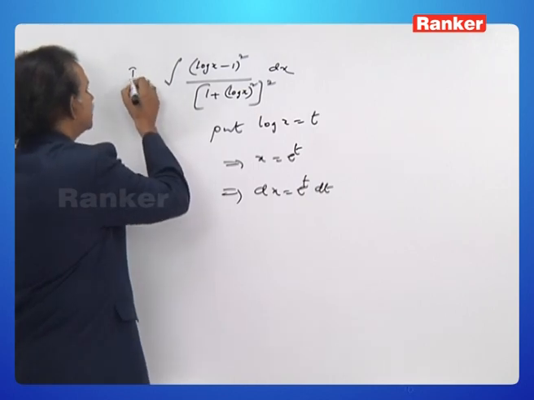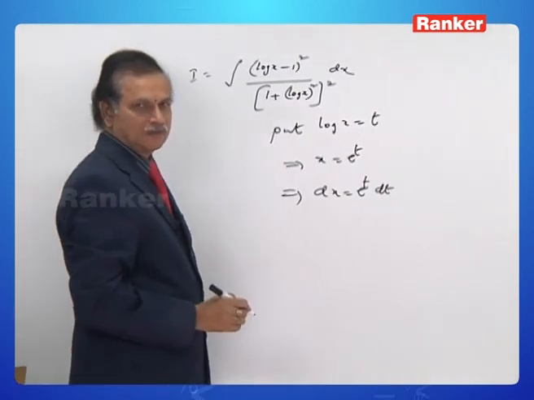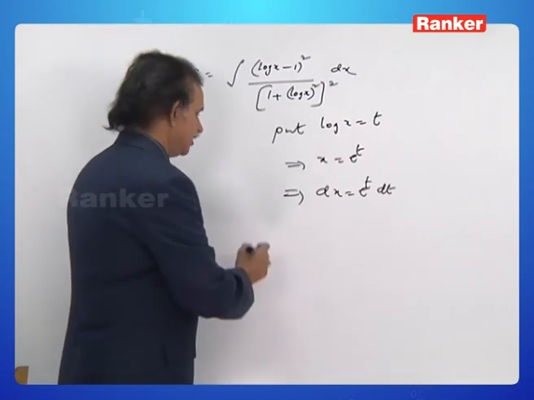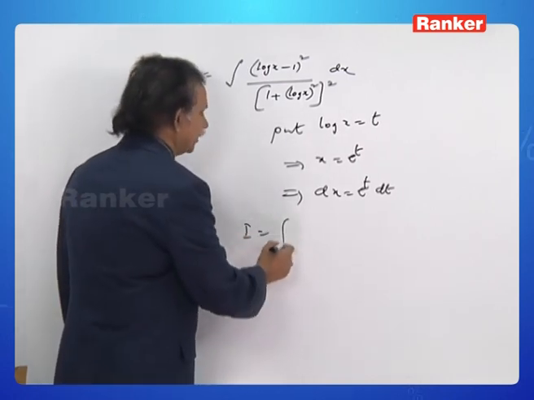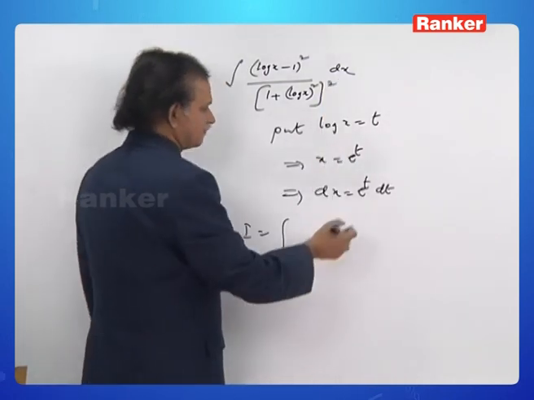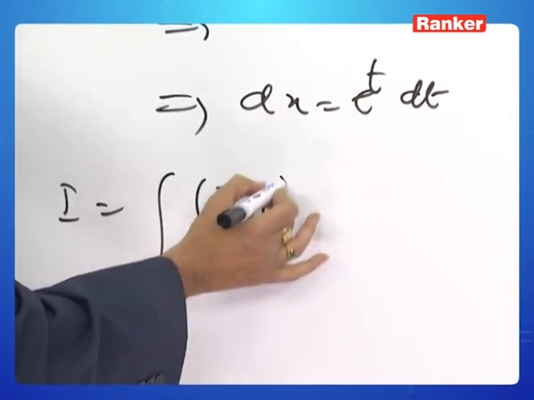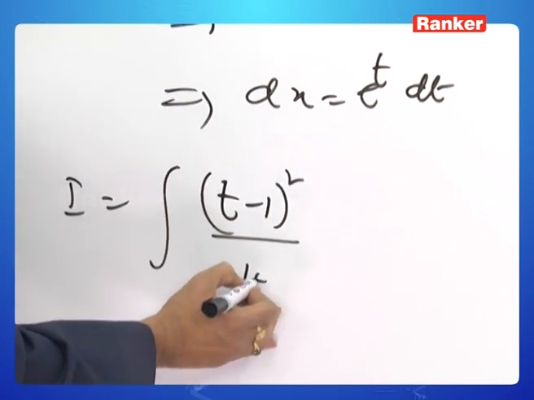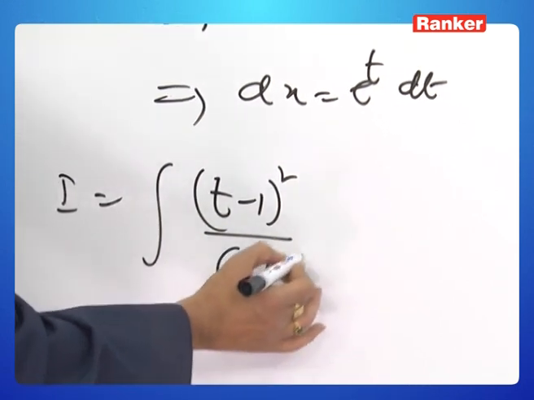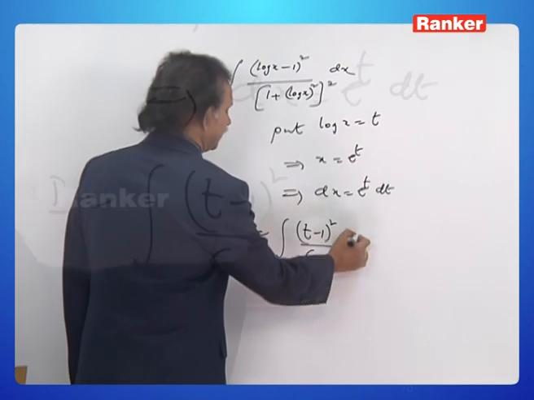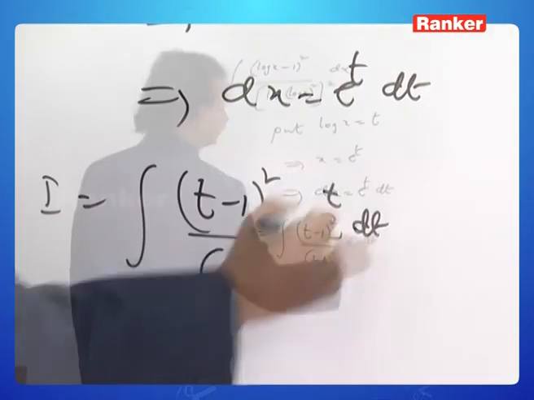Good. What is the fate of I? How does this change? I is therefore equal to, dx is of course e power t dt, t minus 1 whole square by 1 plus t square whole square into e power t dt.